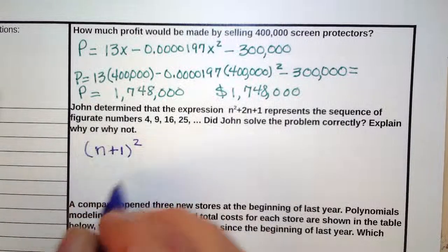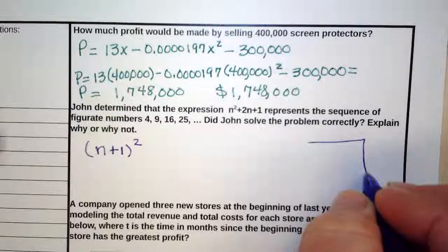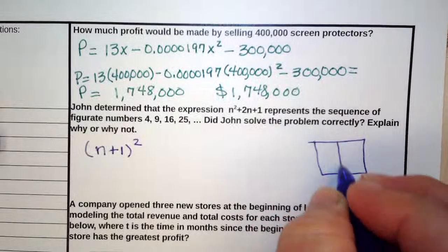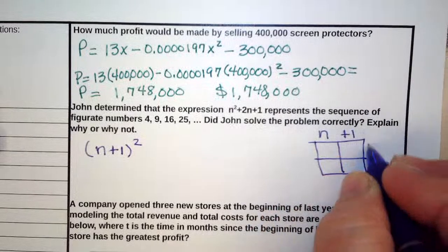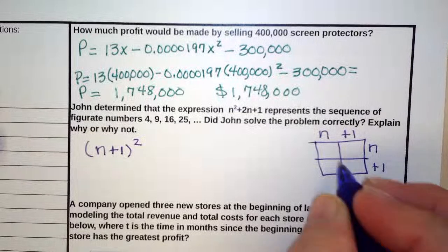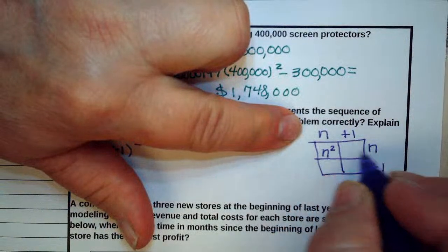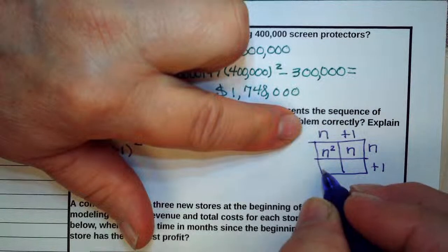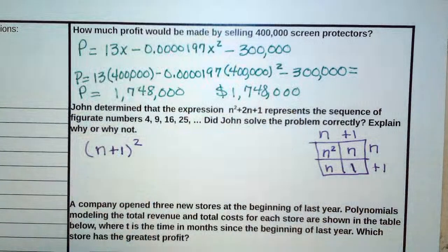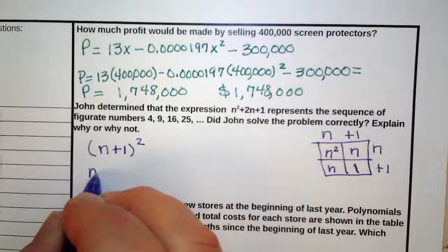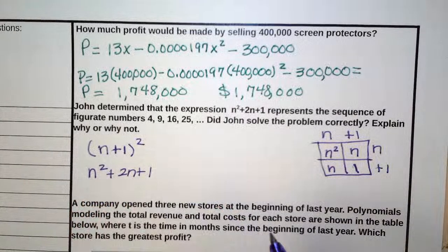That means I am multiplying n plus 1 times n plus 1, or n plus 1 squared. So n times n is n squared. 1 times n is n. 1 times n is n. 1 times 1 is 1. So this becomes n squared plus 2n plus 1.